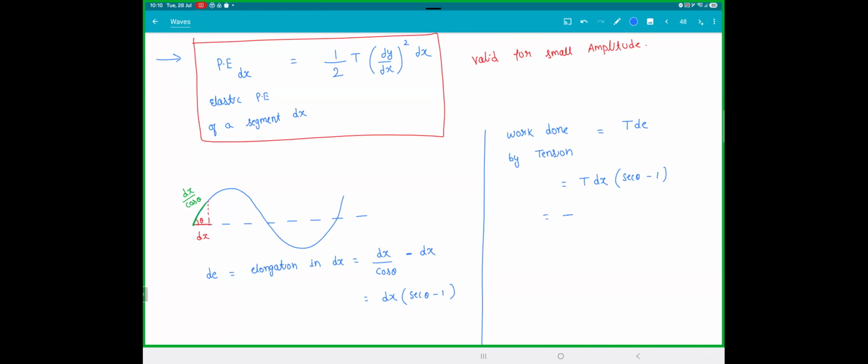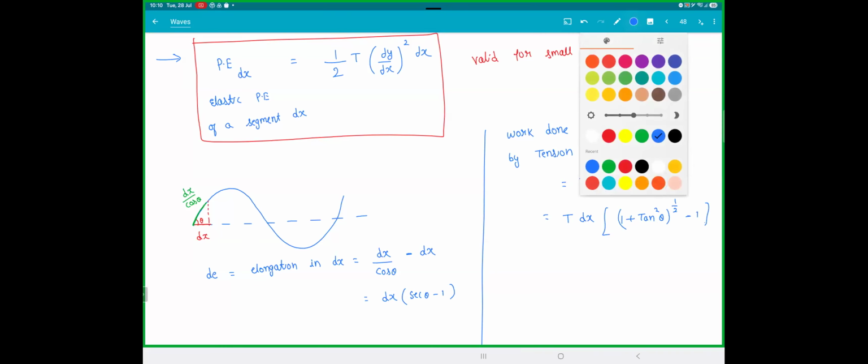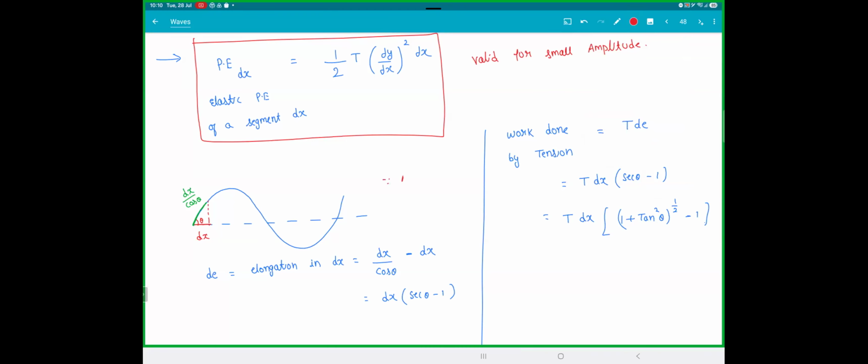Sec theta can be written as root over 1 plus tan square theta, so that is (1 plus tan square theta) whole power half. Since the amplitude is small, theta is also small. That's the whole point of taking small amplitudes. If the amplitudes are big, you can't use this derivation.